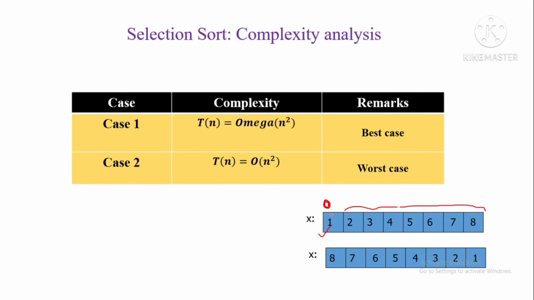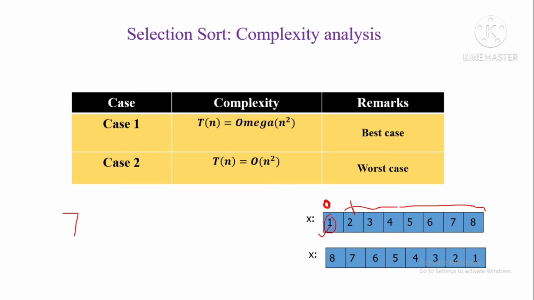So before you fix this element, you must be very sure the remaining elements are not smaller than this particular element. We will compare all the rest of the elements. The size is n, which means 7 times you will be comparing, and only at the end of the comparison can you fix this element.